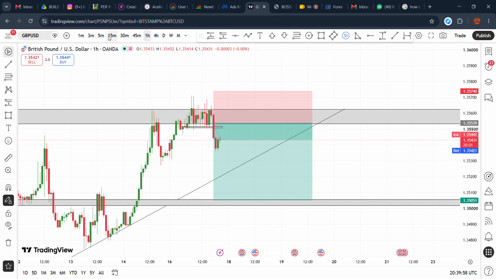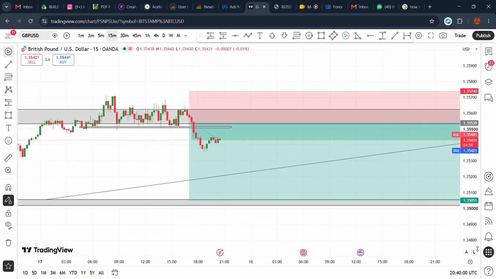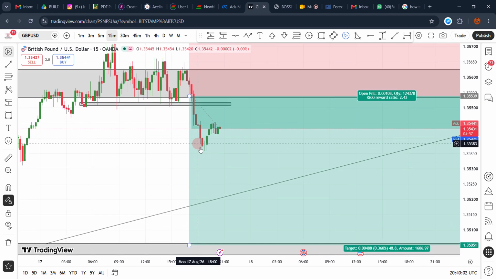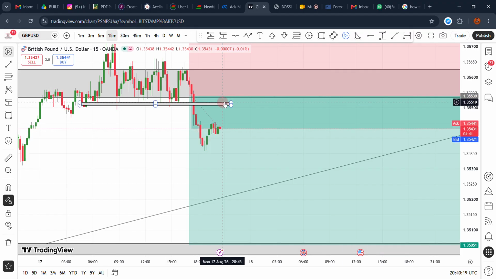Price is coming like this, buyers push it to the upside, sellers still bring it down. Even while the market is trying to go up, sellers are still trying to bring it down, but buyers are struggling to push to the upside. So it simply means that buyers are going to struggle to push to the upside here.